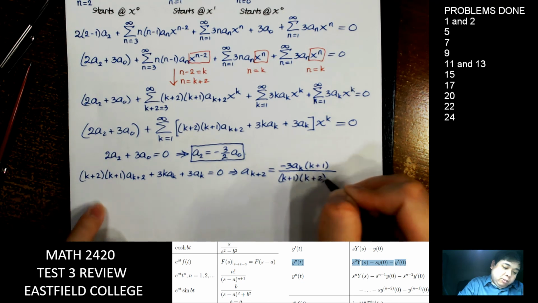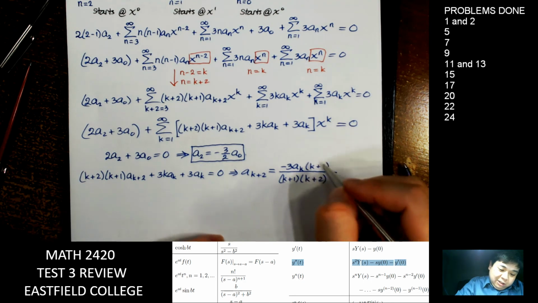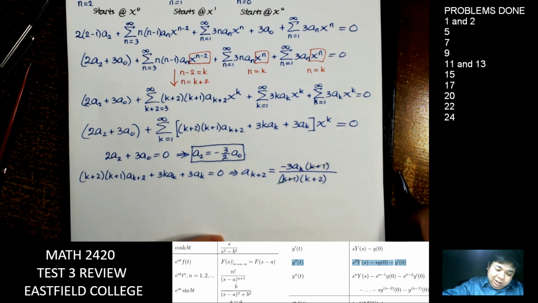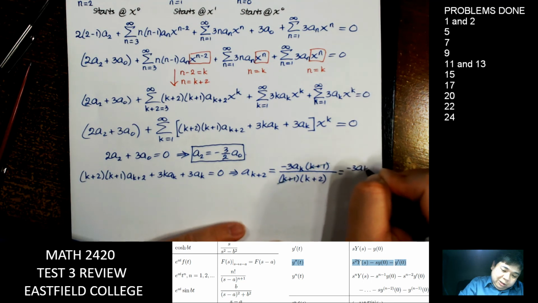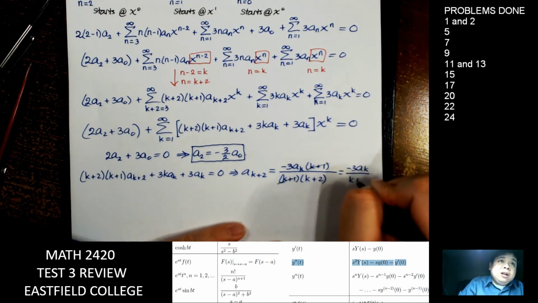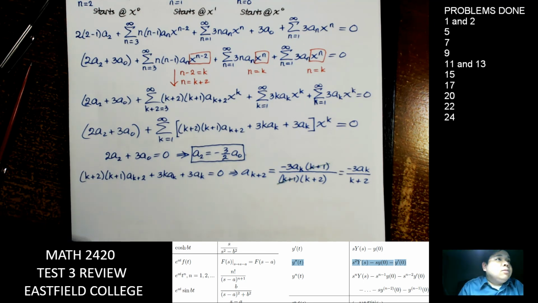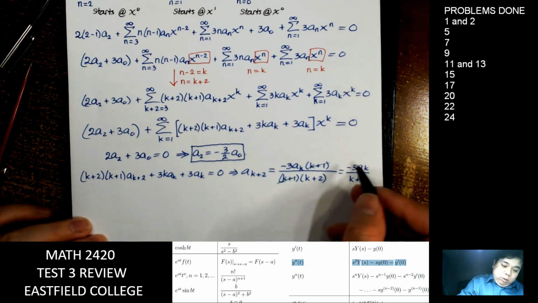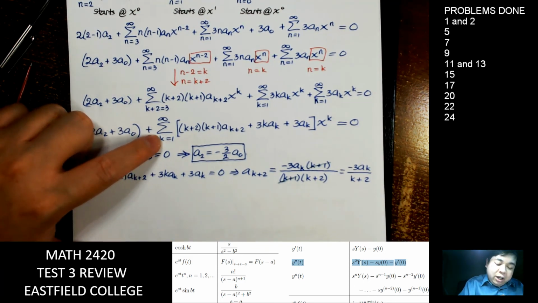Actually, it's not bad. Now we have that. Now let's choose some values, and the values we choose is starting from k equal to 1.